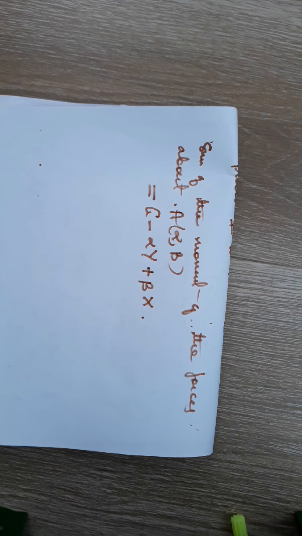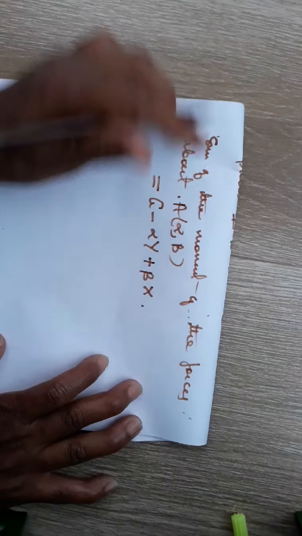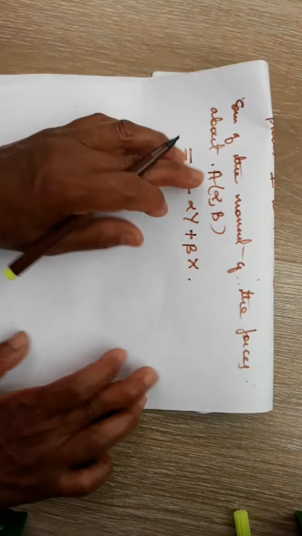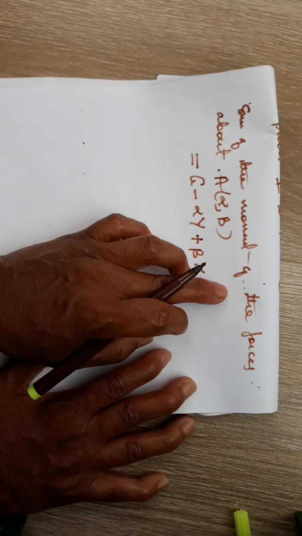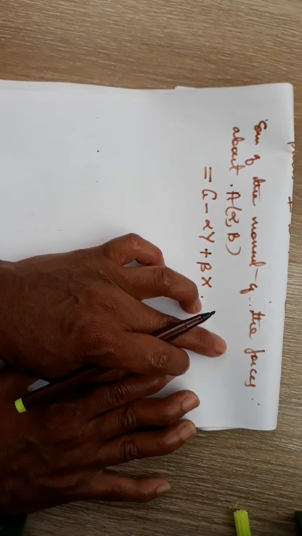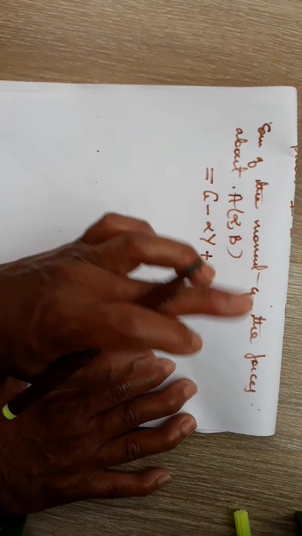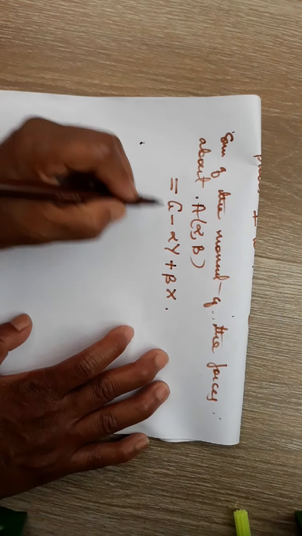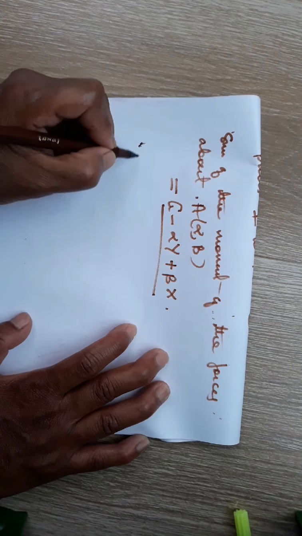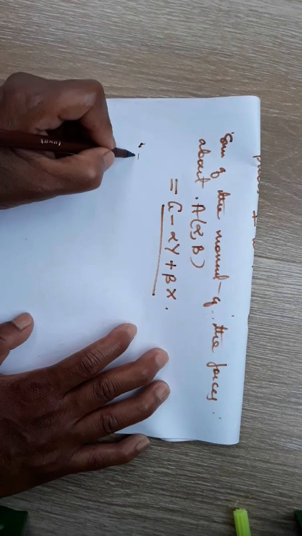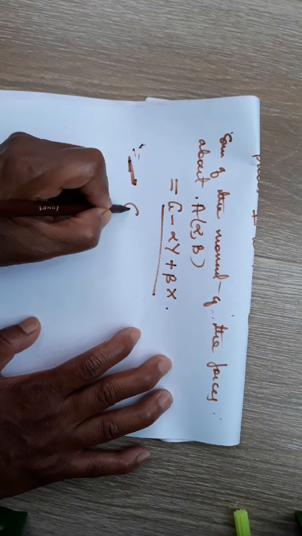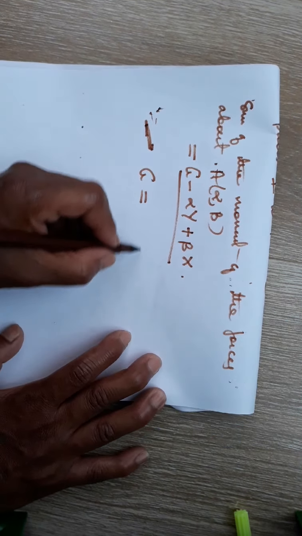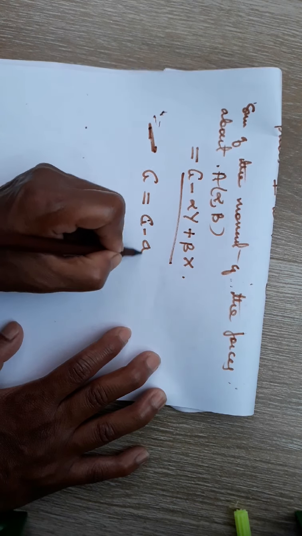This means that the sum of the moments of the forces about A is the same as the sum of the moments of the forces about B, which is the same as the sum of the moments about the point C. So this implies that G is equal to G minus aY.